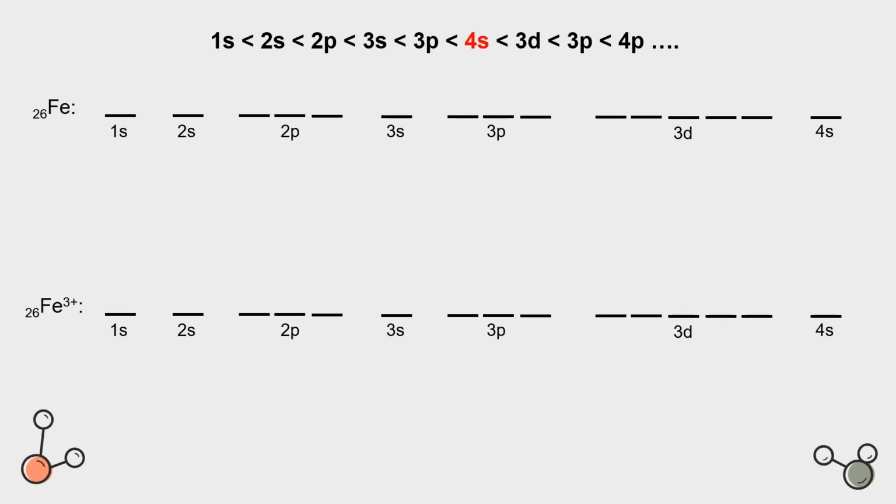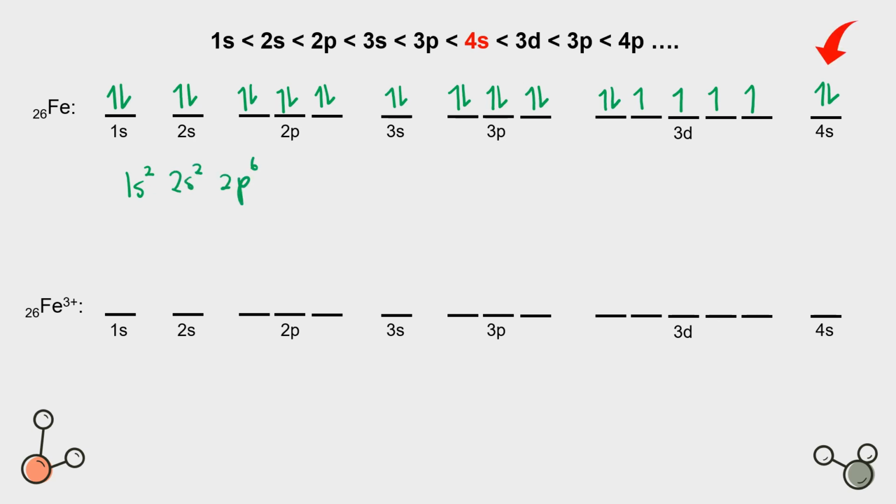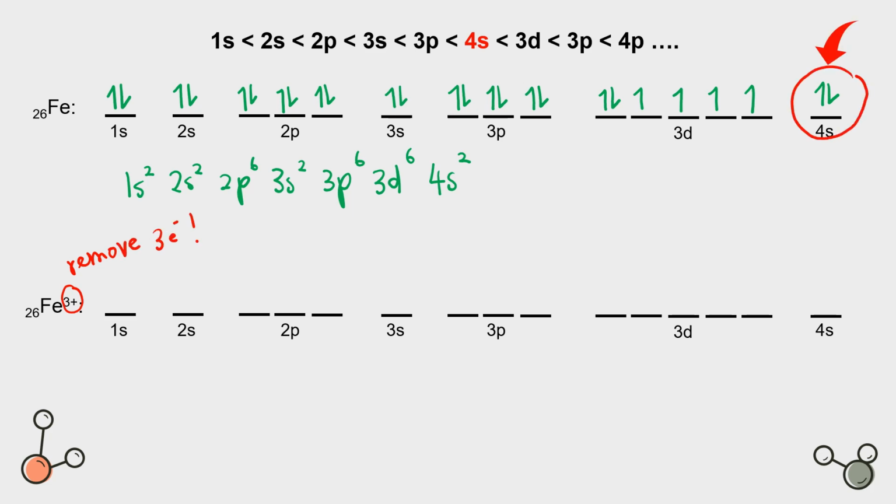Now, let's do it for ferrum 3+ ion. Let's remove 3 electrons from the neutral atom to form ferrum 3+ ion.